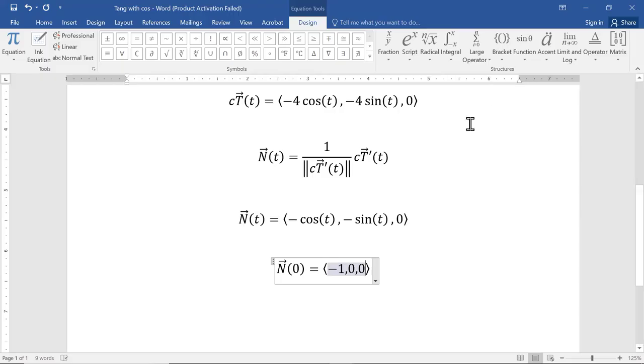And I get another 0. So I get -1, 0, 0 as my unit normal vector when I plug in 0. Obviously, that's just the vector -i, where i is the standard unit vector. So that's what we get.